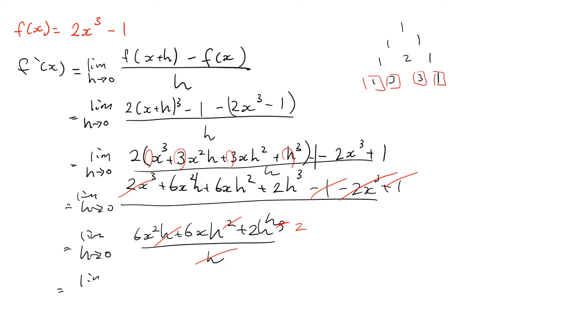So we get the limit as h approaches 0 of 6x squared plus 6xh plus 2h squared. Now h is approaching 0, so we substitute h equals 0. So this will be 0, that will be 0, and we just get 6x squared. Great. And that's how you find the derivative of a function.